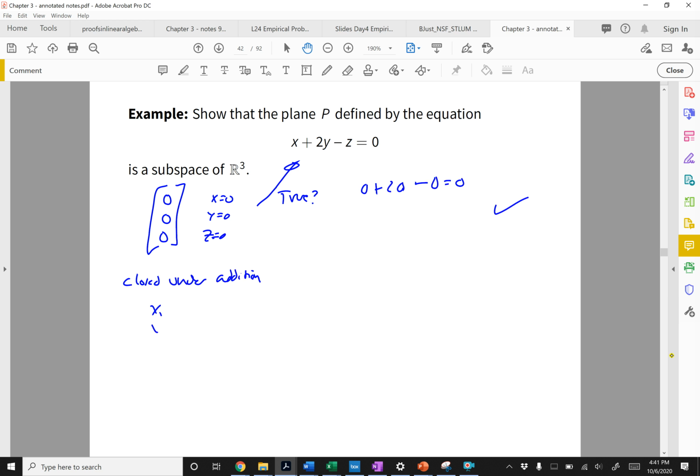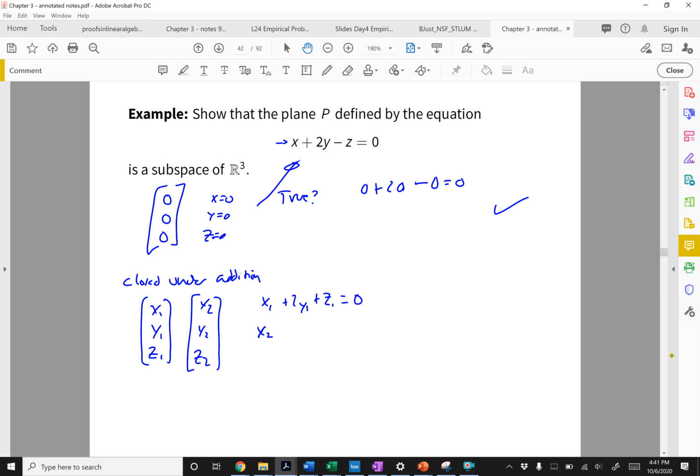Let's take x1, y1, z1, and let's take x2, y2, z2, and these have to lie in this plane, so that means that x1 plus 2y1 minus z1 has to equal 0. Since it's in the plane, it is all points x, y, and z where you can take that combination and get 0.